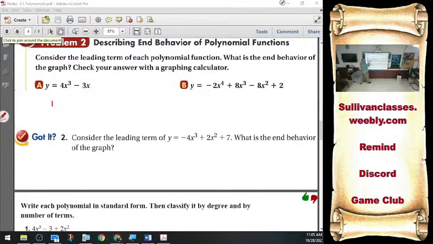Since I see a positive x to the odd, I'm just going to look at my little chart and say, if it's a positive odd polynomial, it's going to start down here, do stuff, and head up there. That's just what positive odd polynomials do.